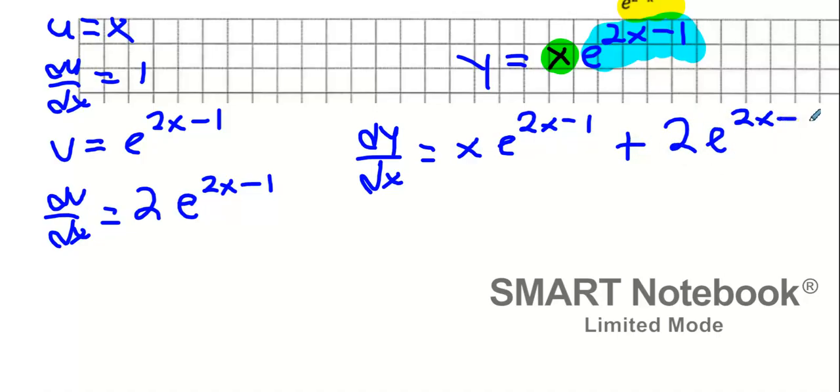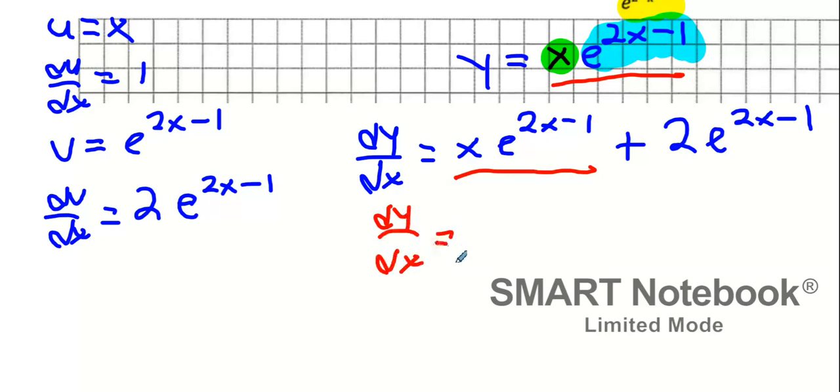Now, there's a cheap way of doing this, isn't it? You see the way this one is exactly the same as the last one. See that part is exactly the same as your original. If I was to really spell it out, dy dx is actually y plus 2 e to 2x minus 1. It's back to your original y value.